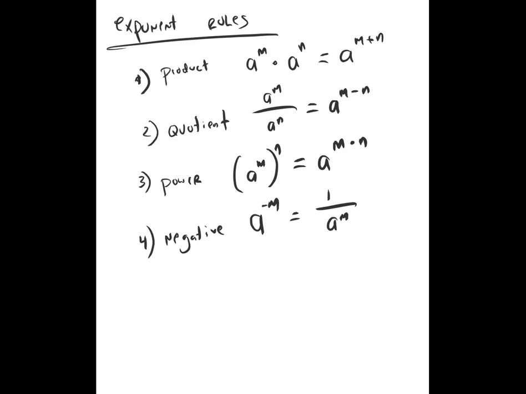So let's take a look. I want you to rewrite with positive exponents: 2x to the power of negative 1 over 7.